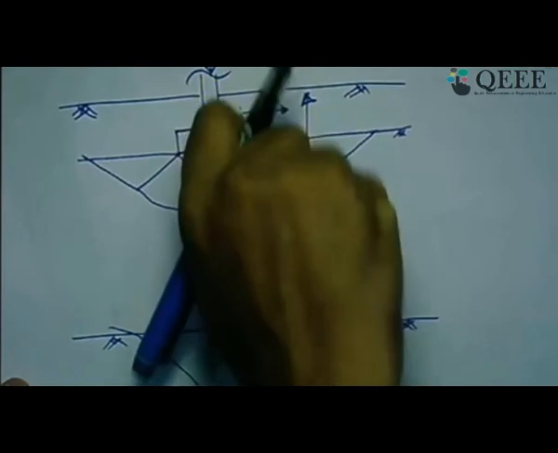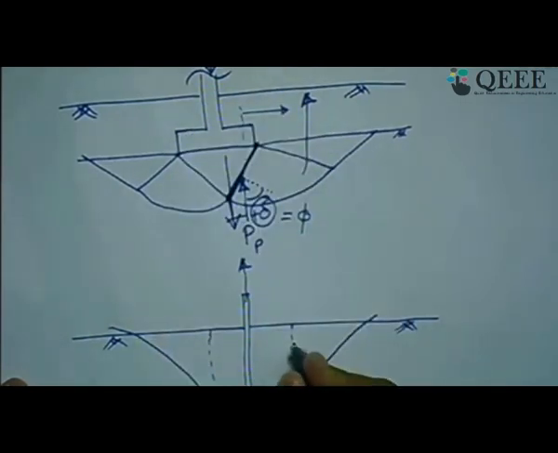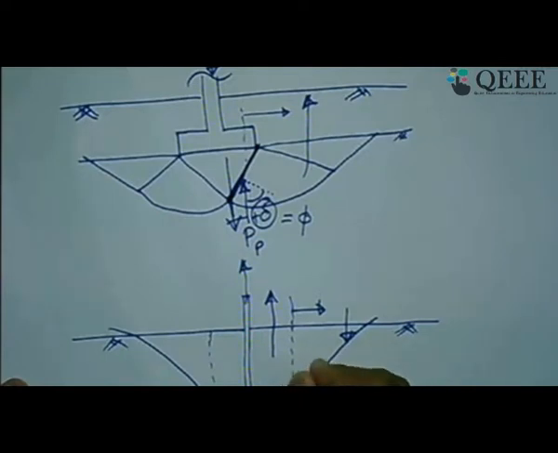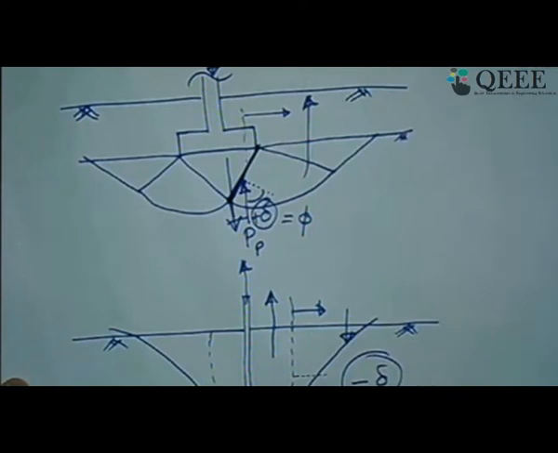When you are pulling it outside, this wall gets pushed towards this direction. So this wall is in passive state compared to this backfill soil. Hence, in this case the soil is going down relatively, and this portion of soil along with this imaginary wall moves up, because that is the anchor uplift capacity or uplift capacity of the foundation for this kind of tensile load. In such a case, whatever passive pressure we consider here will act at negative delta. So this is the case of negative delta for passive.